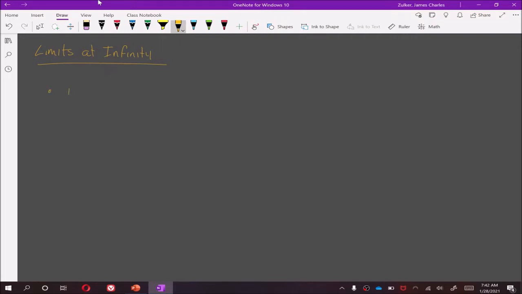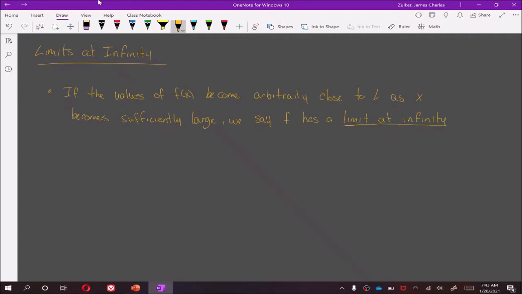Okay, so if the values of f of x become arbitrarily close to L as x becomes sufficiently large, we say f has a limit at infinity, and we'll write this.